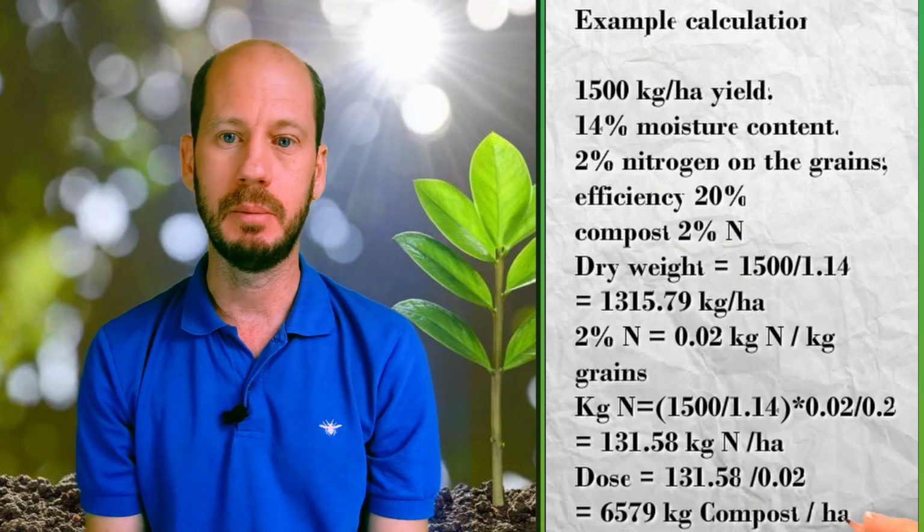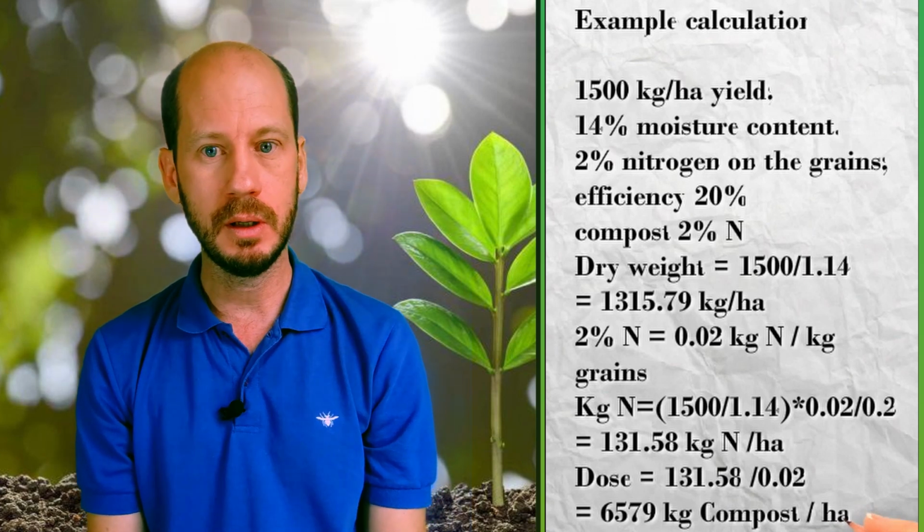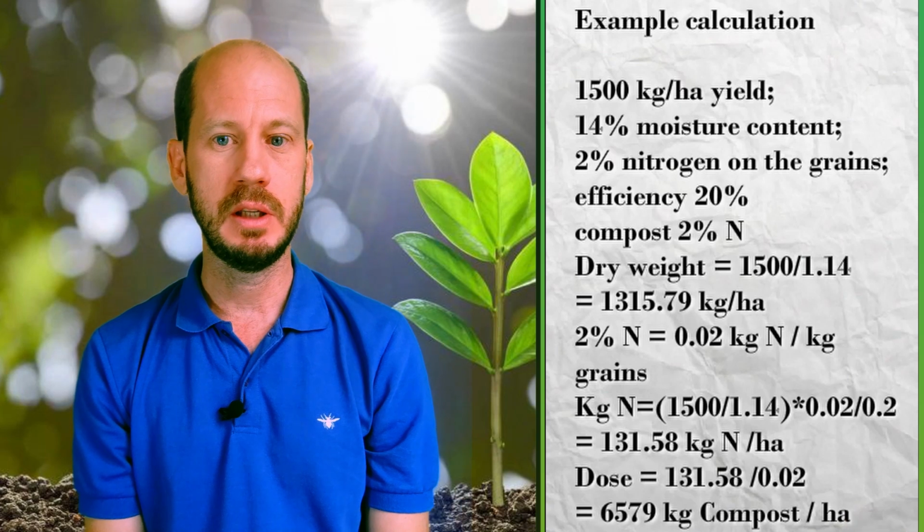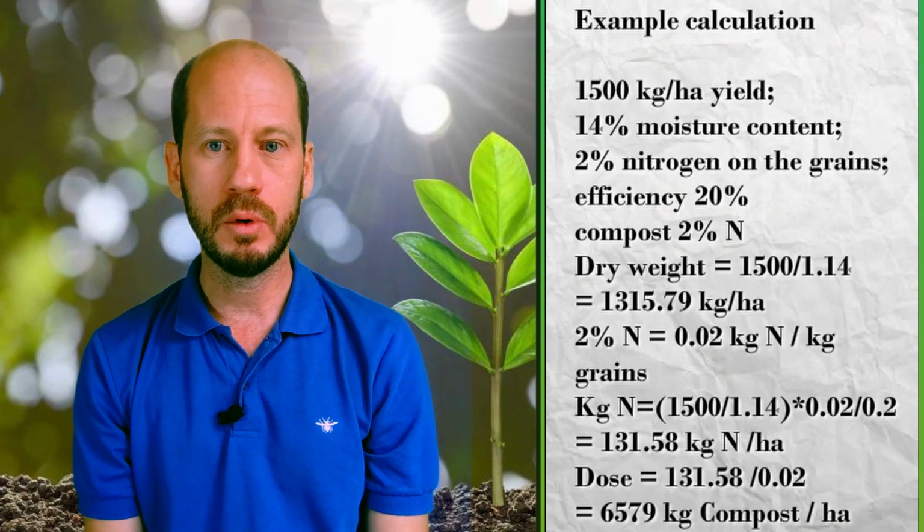And that is considering the percentage of nitrogen in the grains, the percentage of nitrogen in the compost, and also the efficiency of that compost as a fertilizer, which means that if you say the efficiency is 20%, it means that from the total nitrogen in the compost, you expect that 20% will end up in the plant.